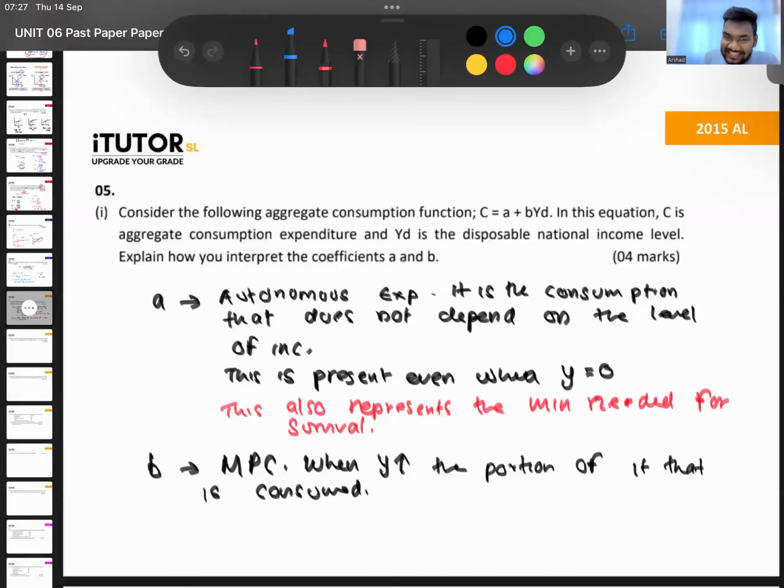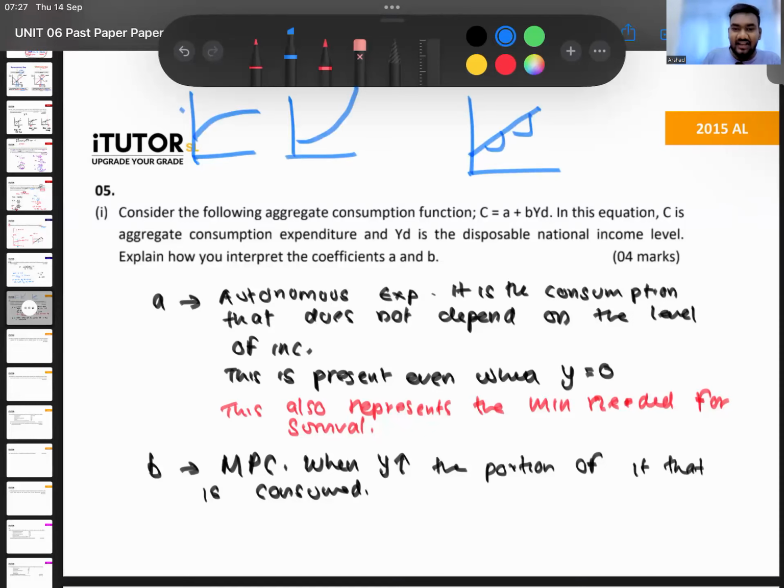MPC remains constant. Remember guys, MPC is the slope of your curve. This is highly tested every year, right? Marginal propensity to consume, your B component, is the slope of your curve. Whether your income increases or decreases, you still have a constant slope. We don't have a consumption curve where the slope is increasing, then you can say MPC is rising. We don't have a curve where the slope is falling, then you can say MPC is falling.